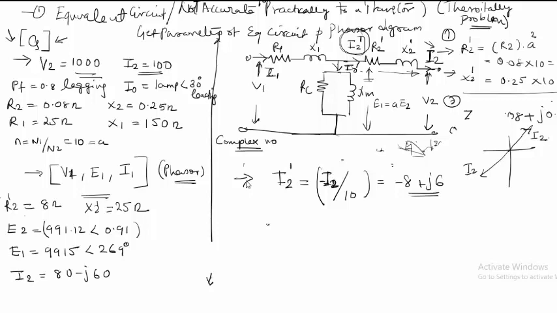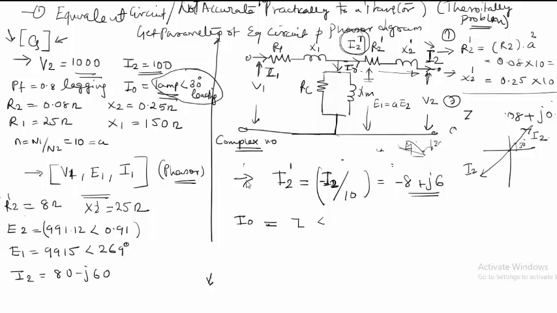Again, your I0 is given in the question, and it is equal to 1 ampere, making 30 degrees lagging.